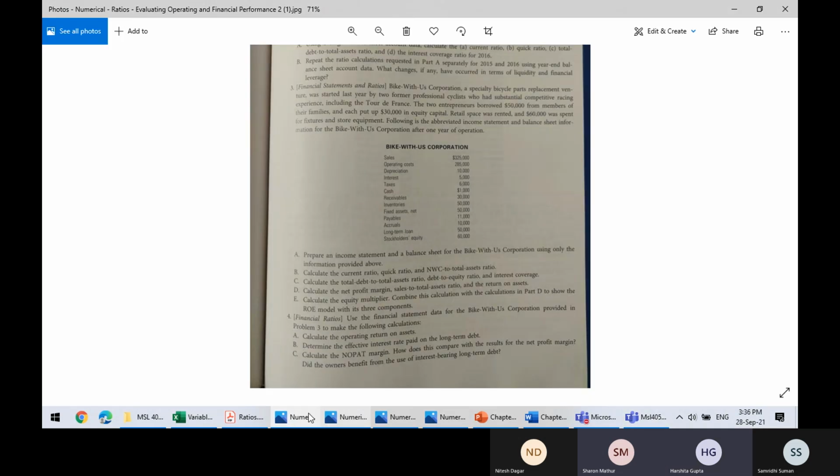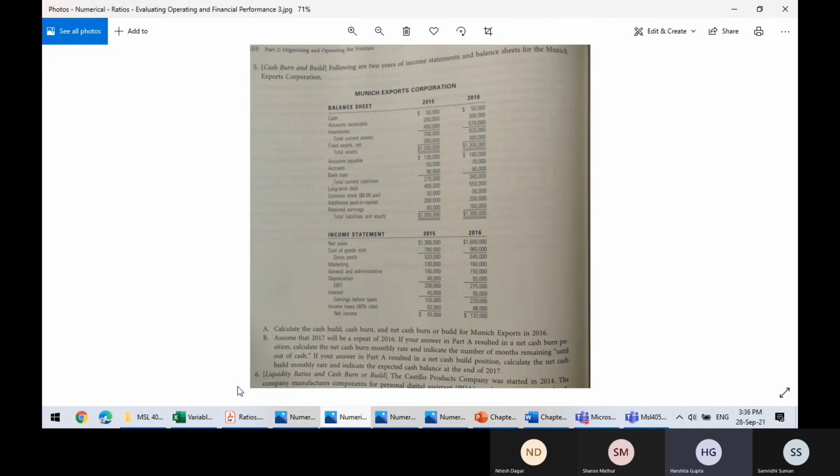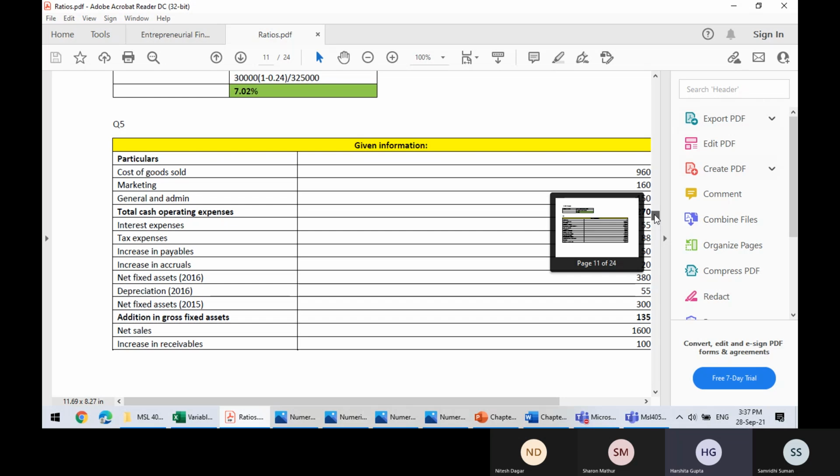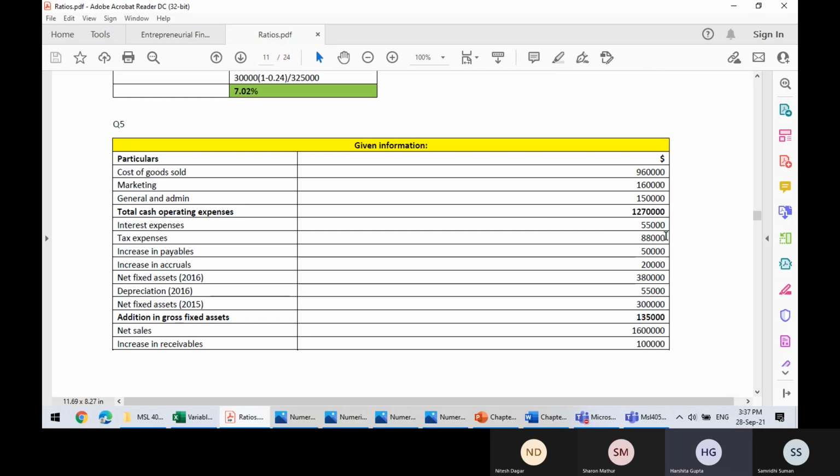Perfect. Okay. So in part A, we have to calculate the net cash burn and net cash build. So tell me something. What is the formula for cash burn? Ma'am, can you just shift to the answers? How will you calculate the cash build? Do you guys remember the formula that is required?